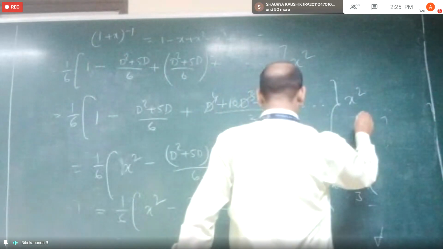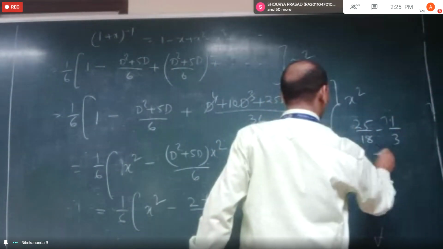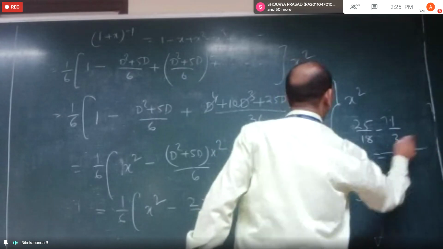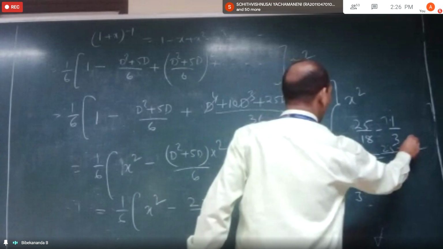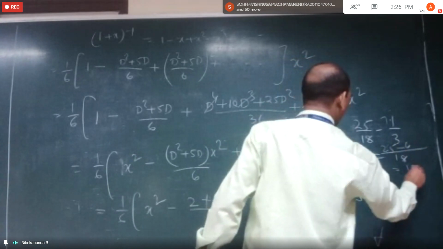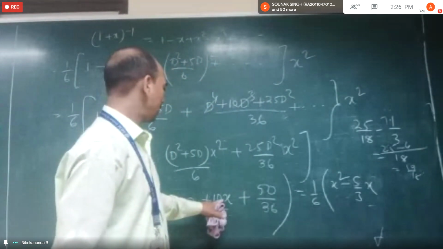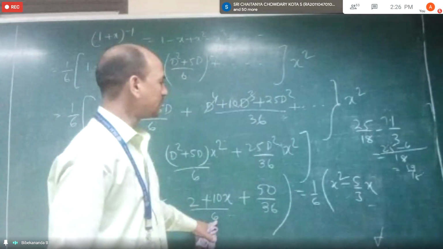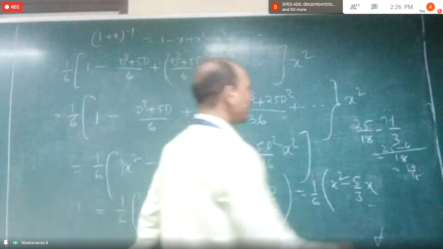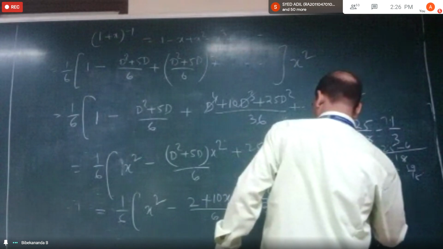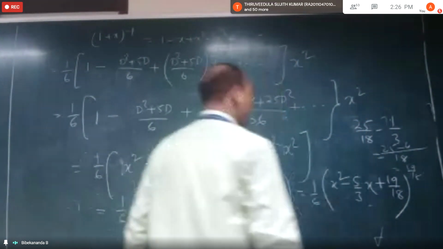So here I have 25 by 18 minus 1 by 3. LCM is 18, and then it will be 25 minus 6, so that means 19 by 18. x square minus 5x by 3, and all constant terms I am simplifying, and that is nothing but plus 19 by 18.